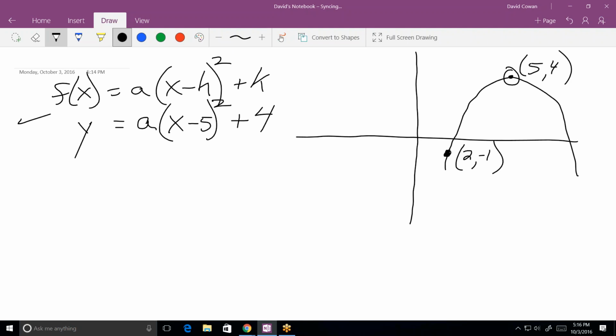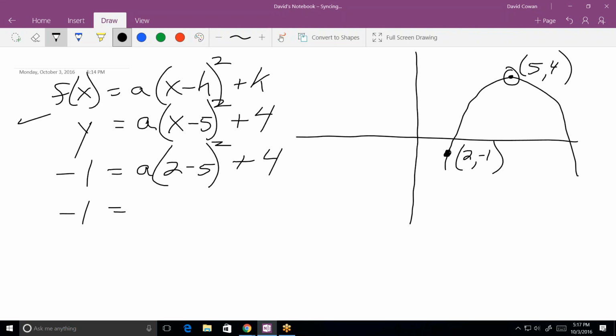Now that tells us everything we need to know except a. So how do I solve for a? If we pick the second point on the graph, it'd be -1 is equal to a(2 minus 5) squared plus 4.